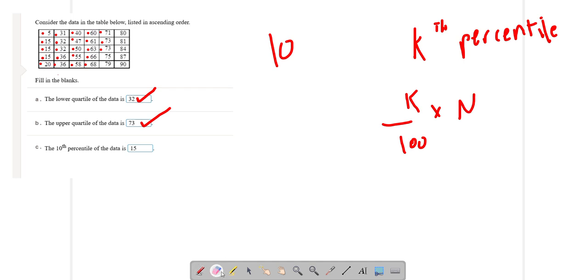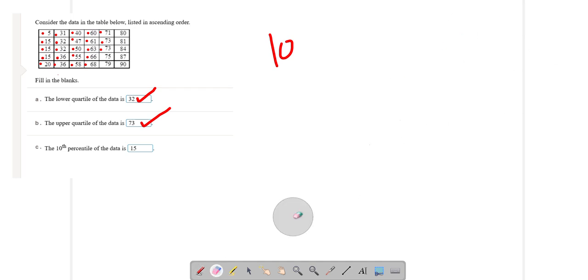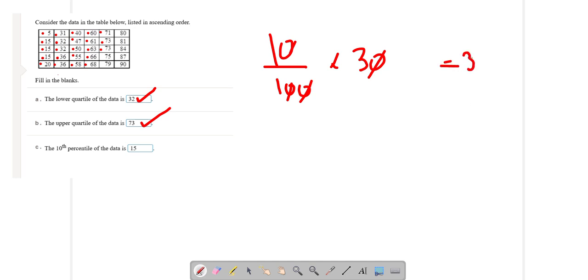So keeping that in mind, they said here the 10th percentile, so it will be 10 over 100, times 30, cancel those out, it will be the third position. It will be 15. 1, 2, 3, 15. And that's how you solve the question.